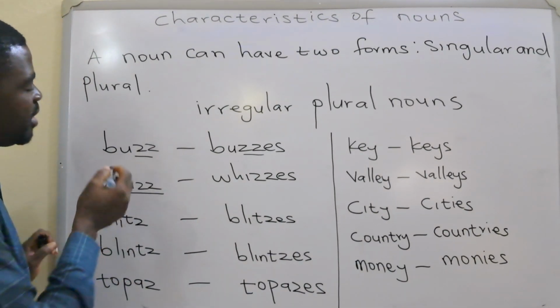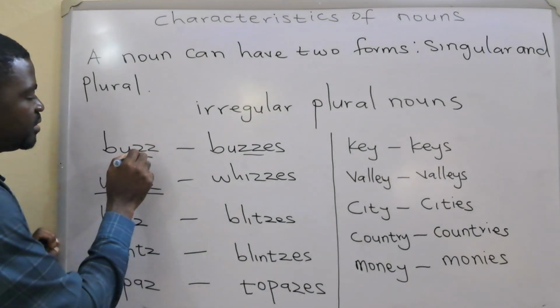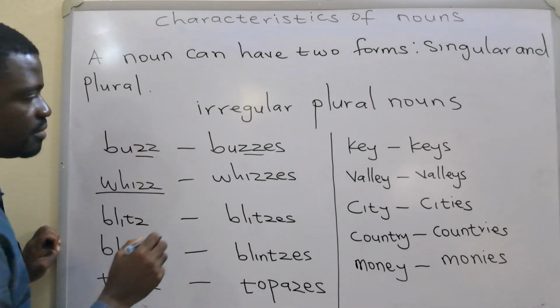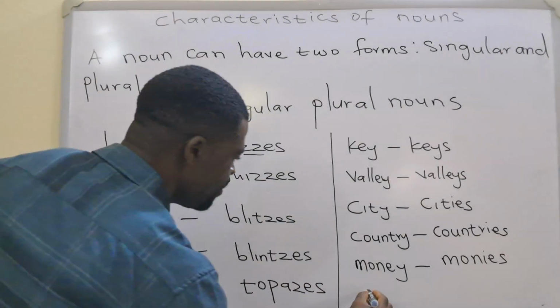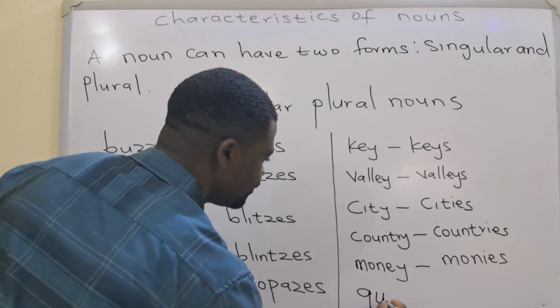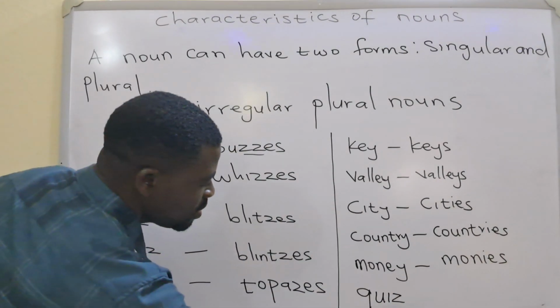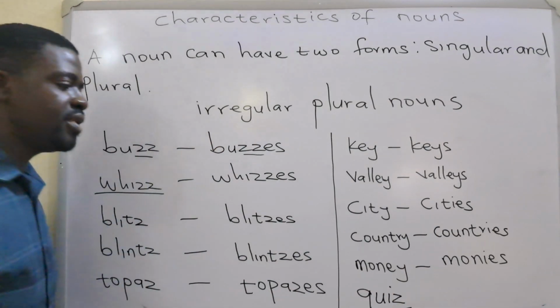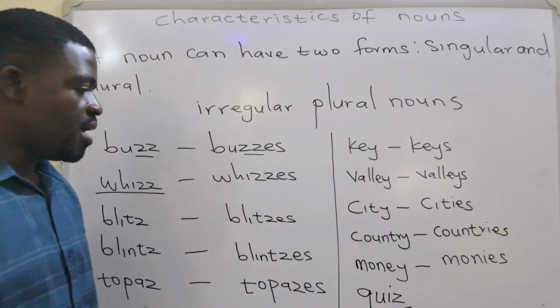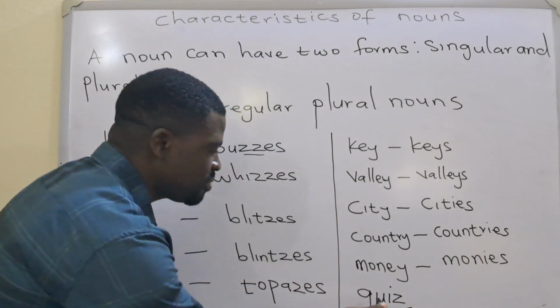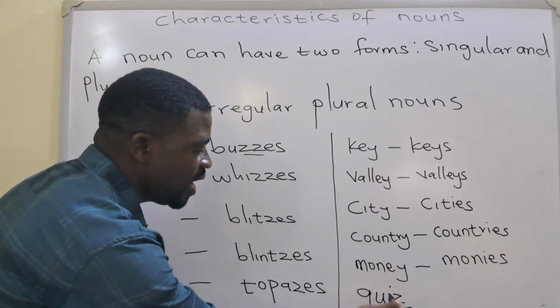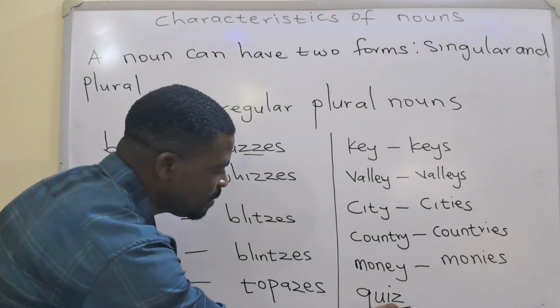If your noun ends in Z, let's say this word, for example, quiz. This word, quiz, ends with Z, and the letter that precedes Z is I. It is a vowel letter.